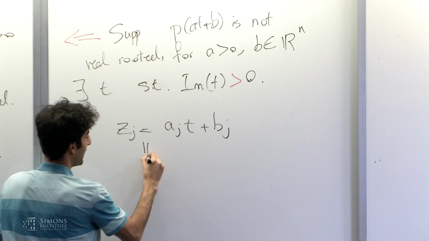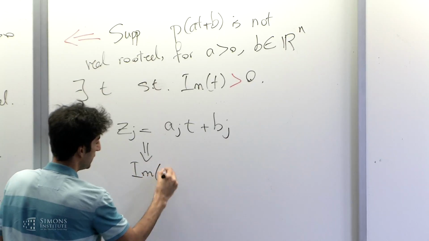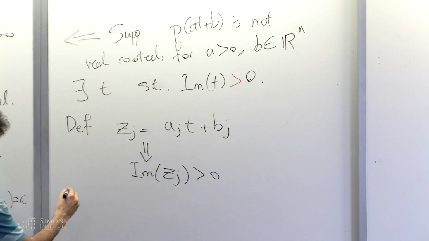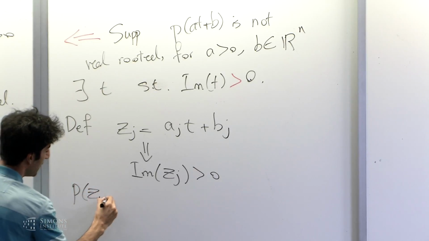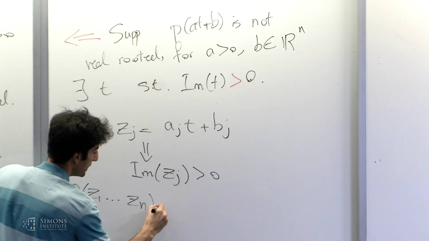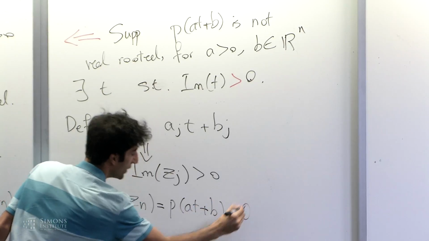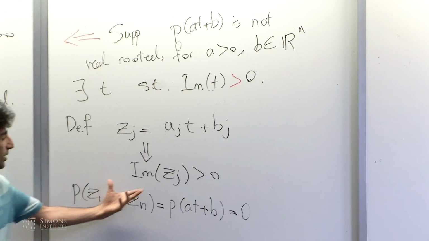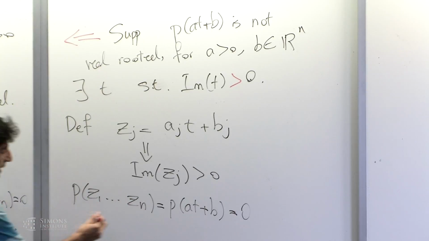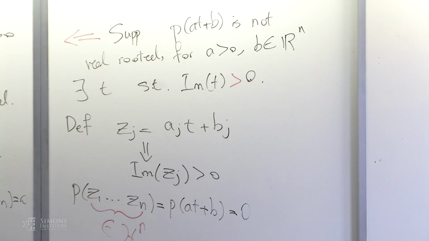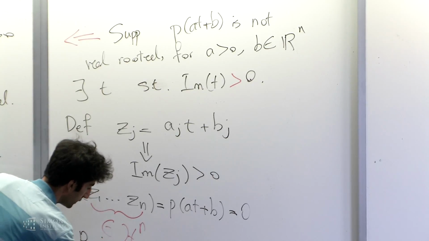So this says that the imaginary value of z is positive. Furthermore, P of z1 up to zn is equal to P of at plus b, and that's equal to 0. So now I get a root in the upper half complex plane. Okay, so P is not real stable, and that's a contradiction.